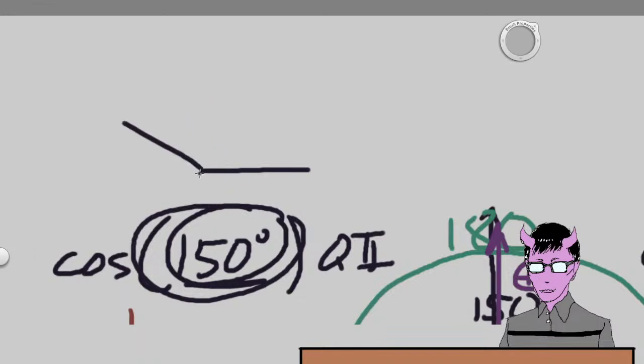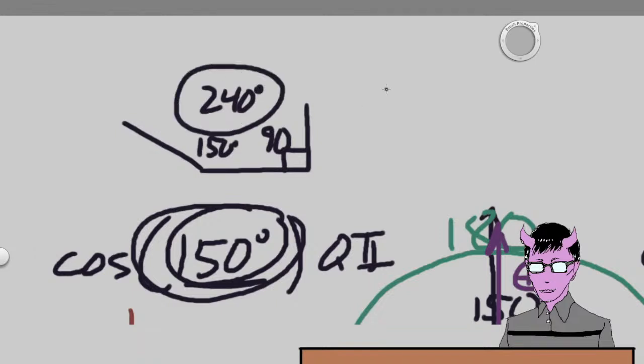This is going to be past 90 degrees, which is what 150 is. So can we form a right triangle from this one? No, we can't, because this one needs to be 90. Sum of interiors: if this is going to be 150 degrees, and this is going to be 90 degrees, 90 plus 150 is 240 degrees. That's not a right triangle. That's not even a triangle, because it fails the sum of interiors.